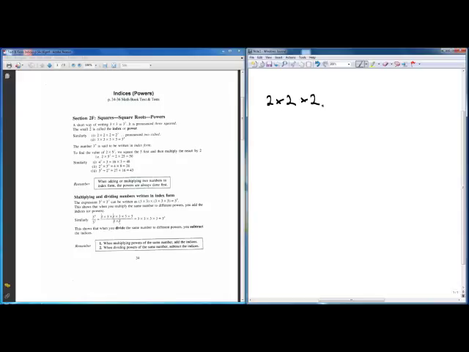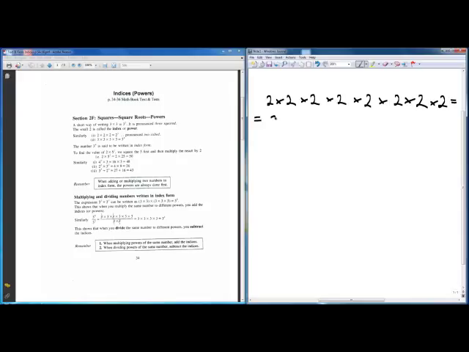But if we have 2 times 2 times 2 times 2 times 2 times 2 times 2 times 2, it takes a long time to just write it out. So if we have the same number times itself a number of times, we came up with another way of writing this.